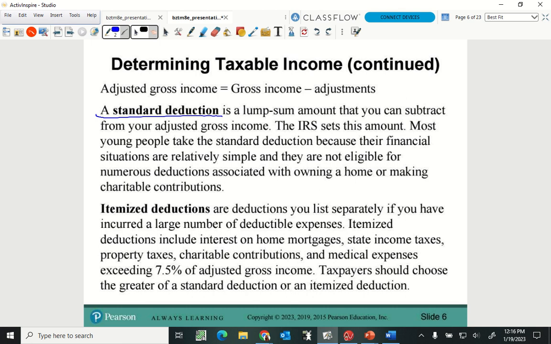That's the standard deduction. Sorry, I said W-2, it was W-4. Everyone takes the standard deduction because I already know you don't have investments and rental property, you're still in high school.